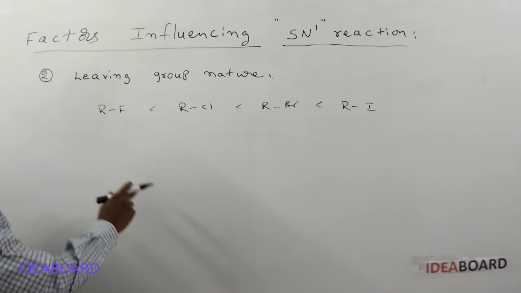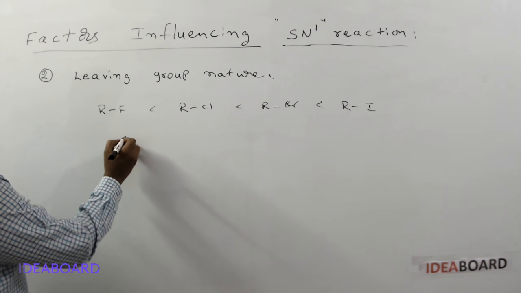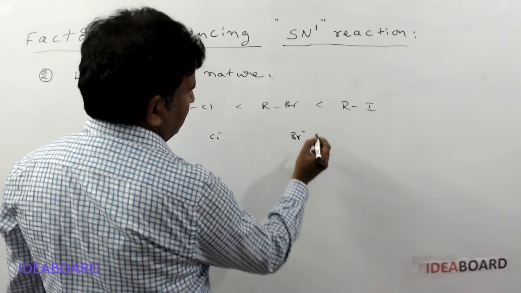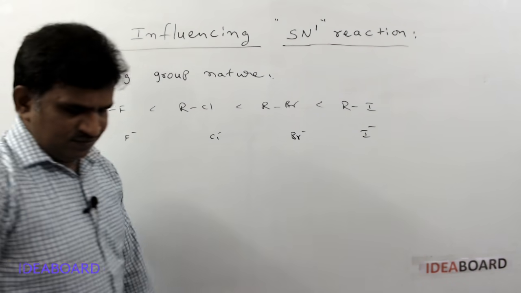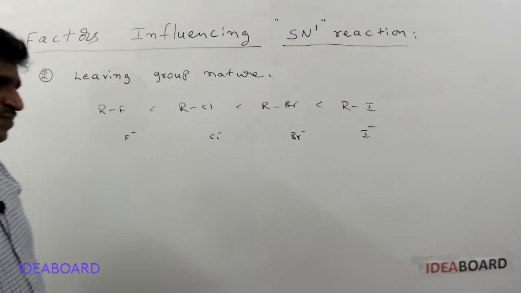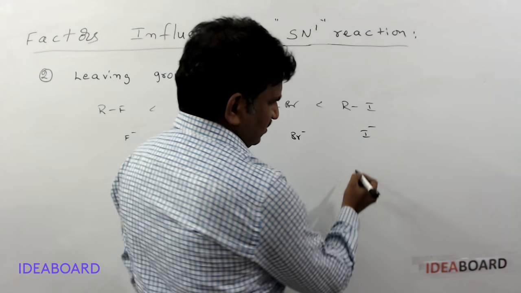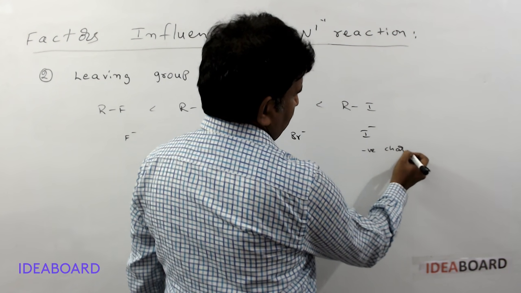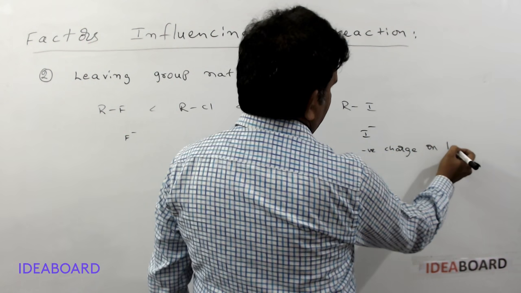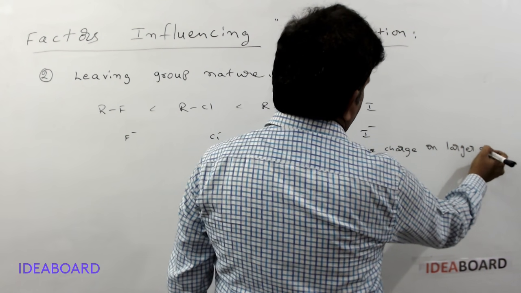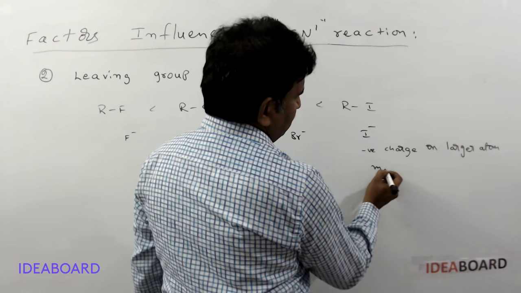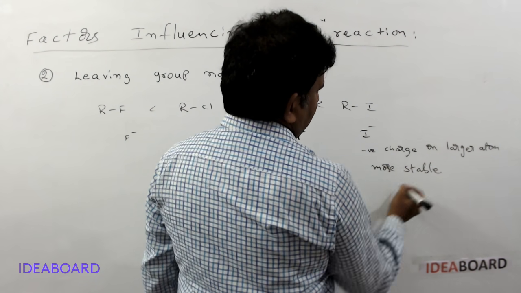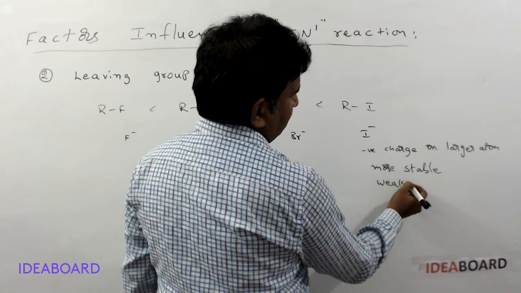Here it is releasing F minus, Cl minus, Br minus, and I minus. Which one is bigger in size? Yes, I minus is bigger in size. So the negative charge on a larger atom becomes more stable, and this becomes a weaker base.